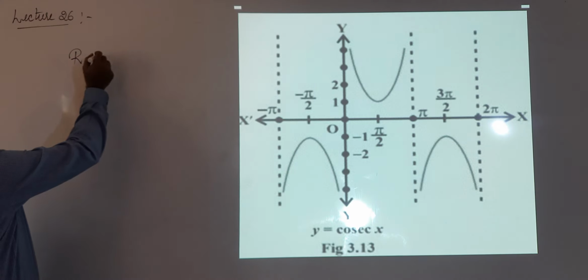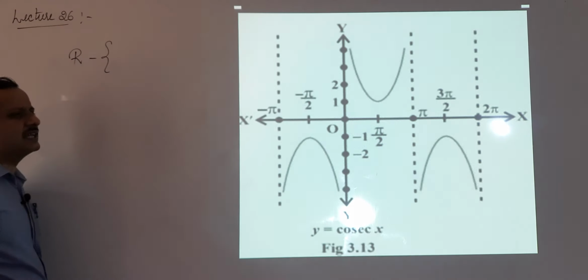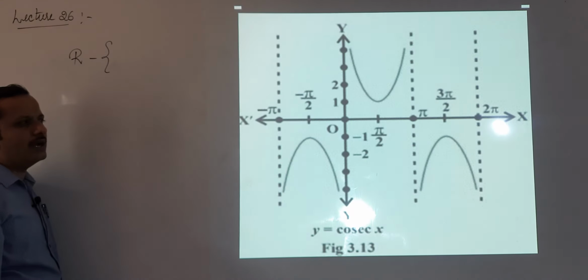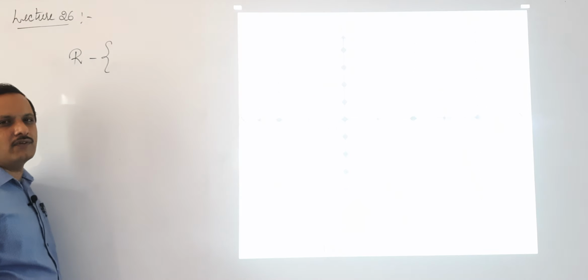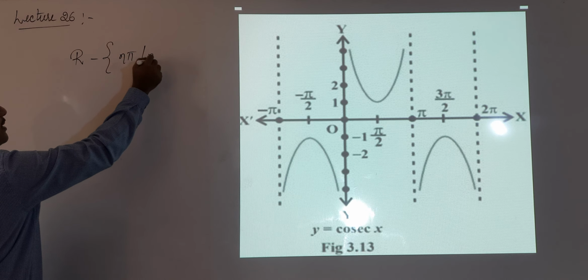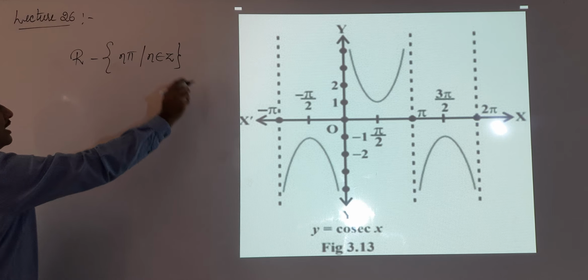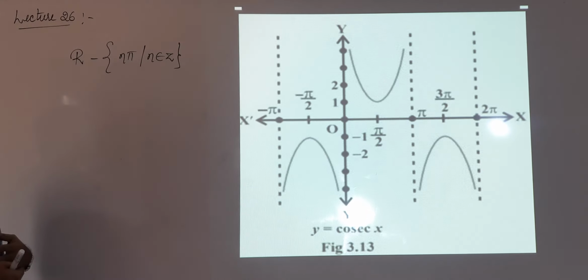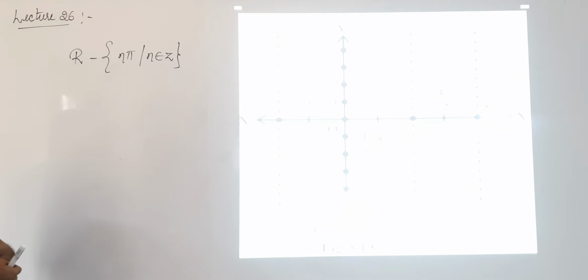I will write R and remove all the points where sin x becomes 0. Sin x becomes 0 at x equal to 0, pi, 2 pi, 3 pi, 4 pi and so on. So I can write it like this: R minus n pi, where n belongs to Z. Set of all real numbers except the multiples of pi.